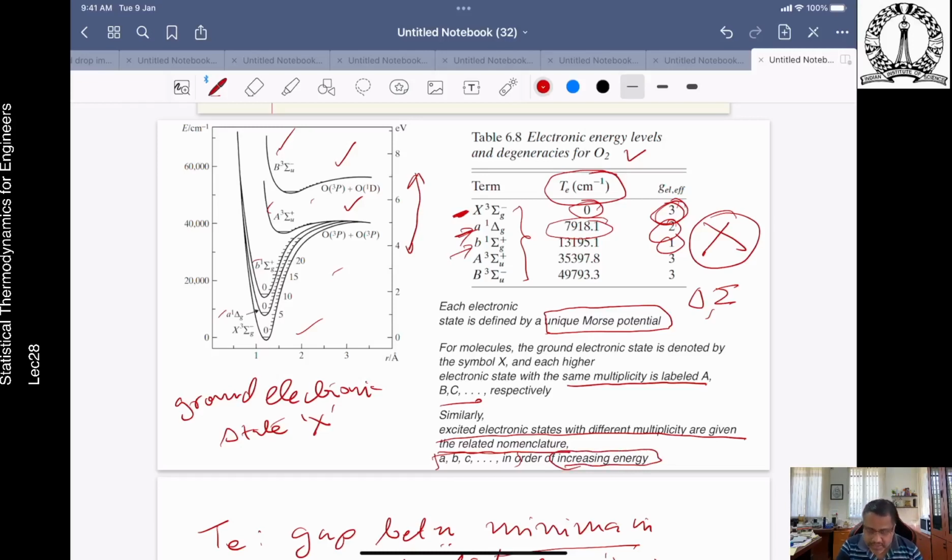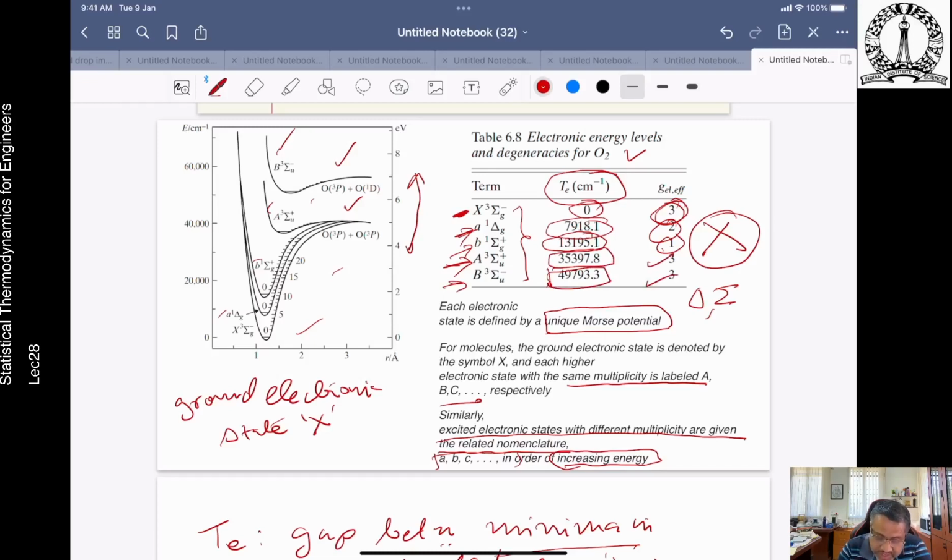That means B has more energy than A, and C has more energy than B. So naturally B has a higher energy compared to A, and that is given here. Now you go to a different, higher electronic state altogether with the same multiplicity. This is T_e, and B is higher than A, so it is given as 49793.